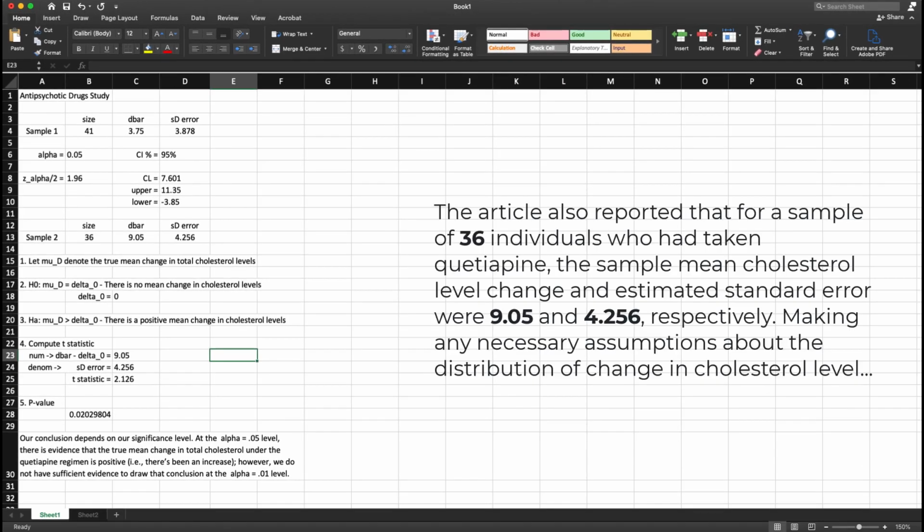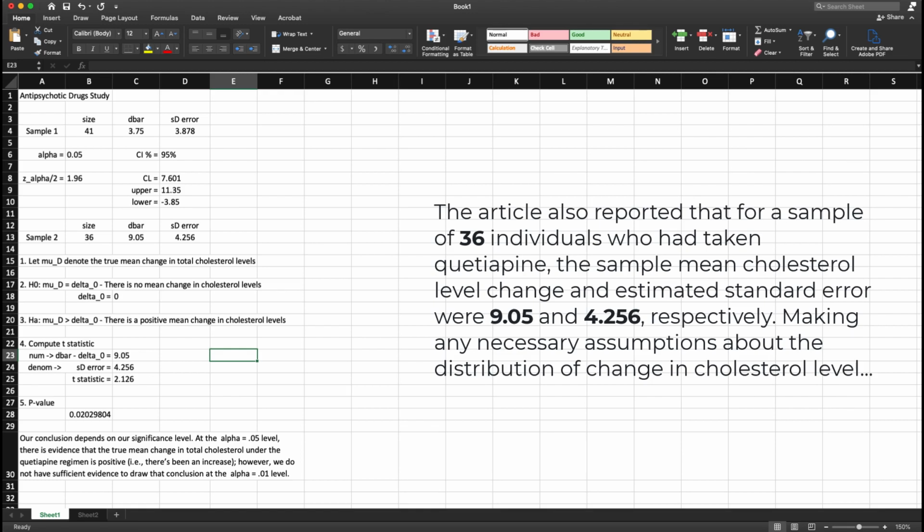Now, the article also reported that for a sample of 36 individuals who had taken quetiapine, another kind of drug, the sample mean cholesterol level change and estimated standard error were 9.05 and 4.256 respectively. Now remember, in this type of analysis, what we're looking for is change.